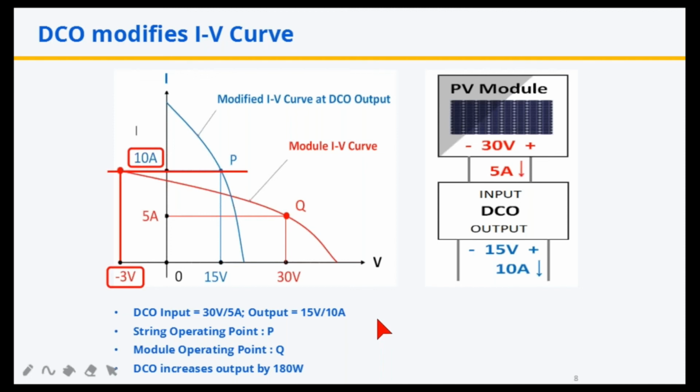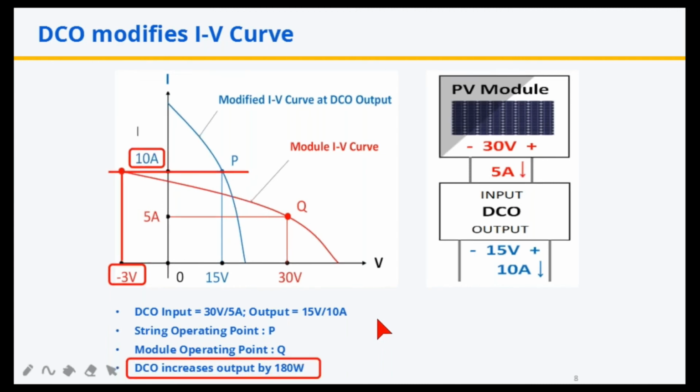Since the string current of 10 amperes is more than the short circuit current of the shaded module, it would generate a negative voltage output. Bypass diodes would limit that to about -3 volts, but still the module would consume 30 watts instead of generating 150 watts. So we can say that the DCO has effectively increased the output by 180 watts, and that's a significant gain.